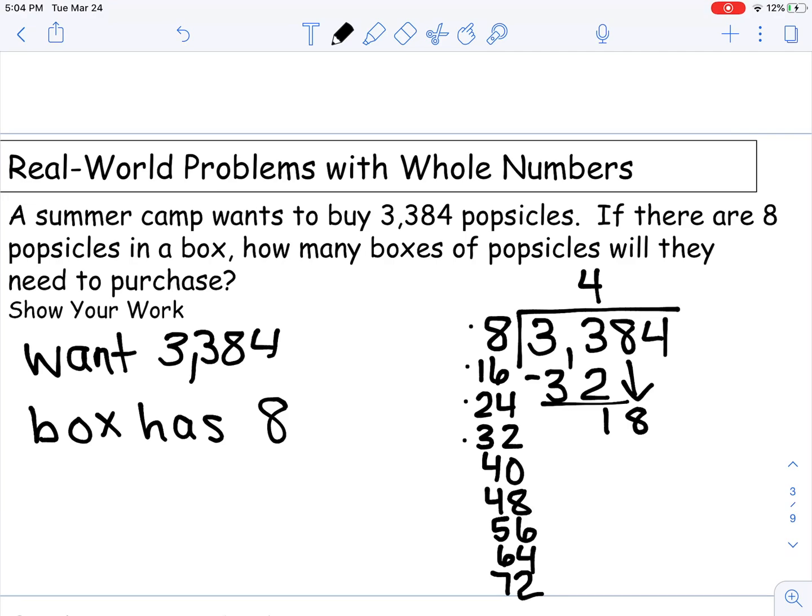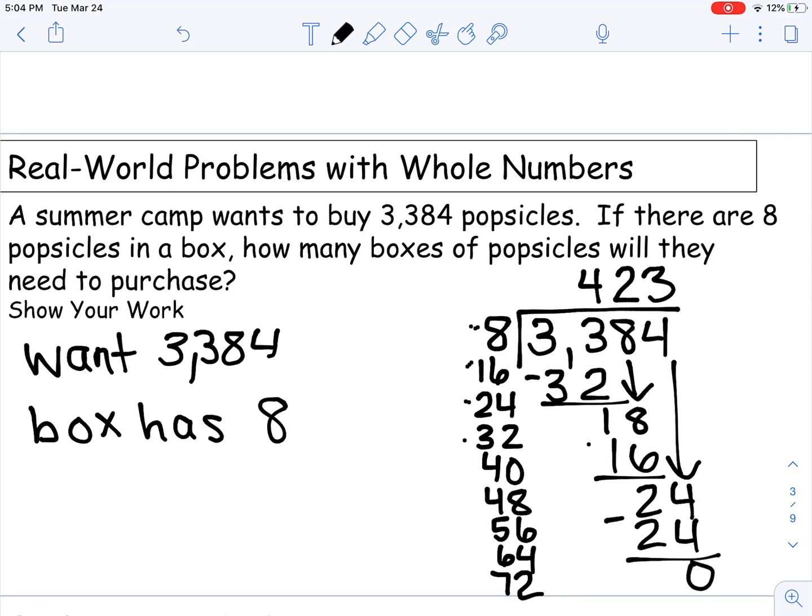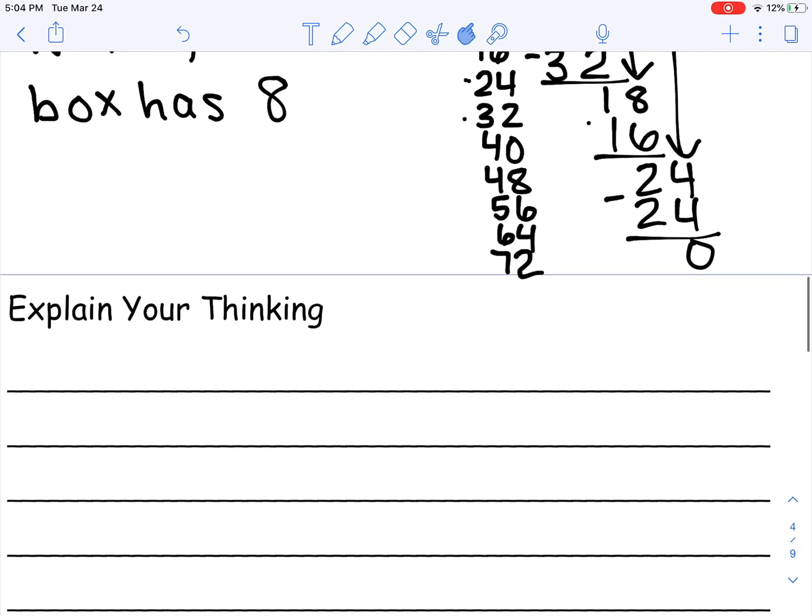Subtract, bring down, I have 18. If I have 18, I can get 1, 2 groups, which is 2 times 8 is 16. Bring down my 4, and if I have 24, I can get 1, 2, 3 groups. So they are going to need to purchase for the summer camp 423 boxes of popsicles to fulfill their want.